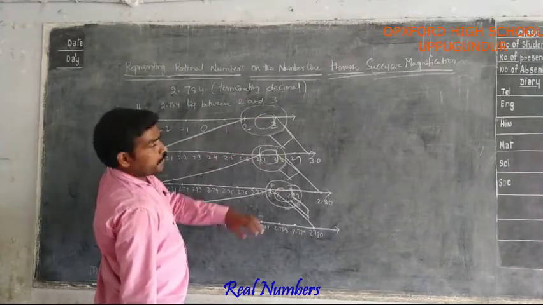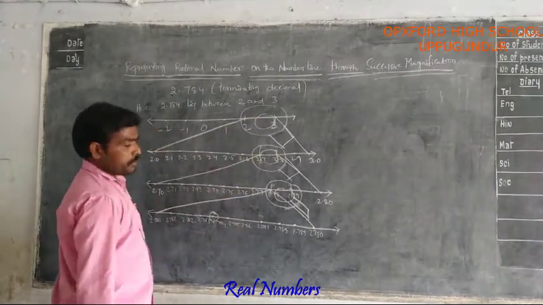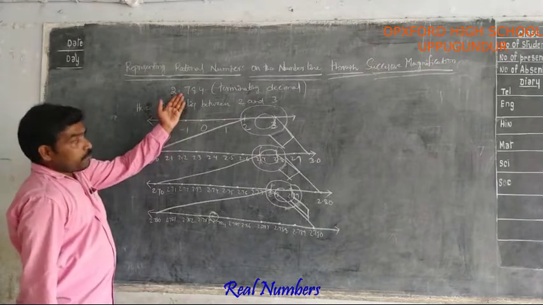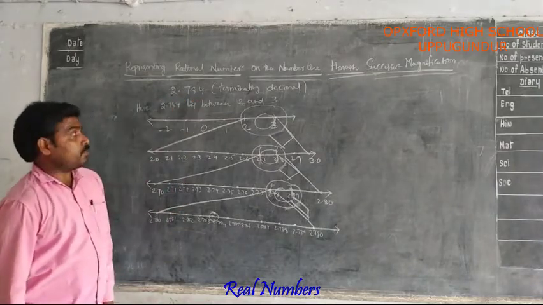By using this magnifying mirror, we are representing 2.784 on the number line through successive magnification.